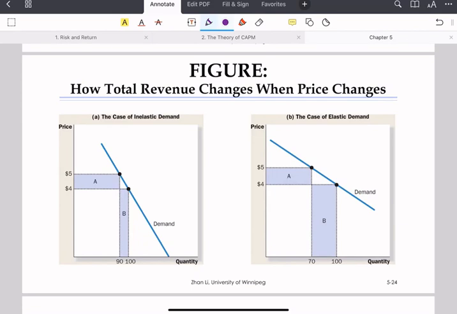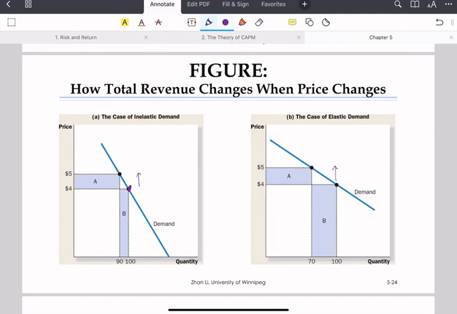So here you can see that in the first case, let's say our starting point is this, right? So we basically move up. That is, we're increasing our price from 4 to 5. And on the right hand side, it's the same, right? We're increasing our price from 4 to 5. And obviously, when you change price, you will observe a movement along the curve.